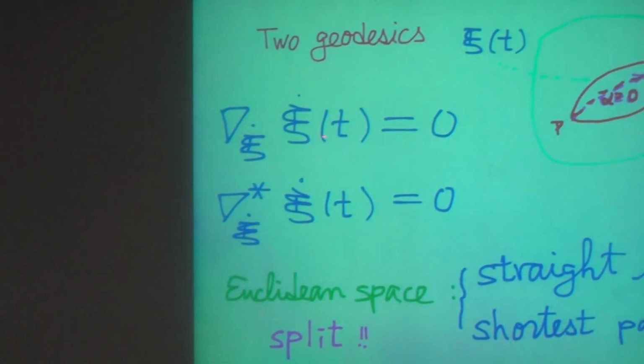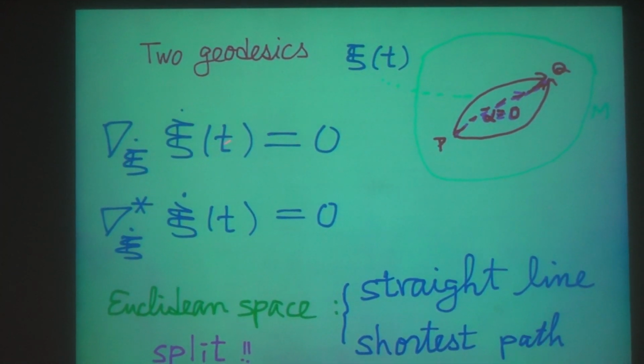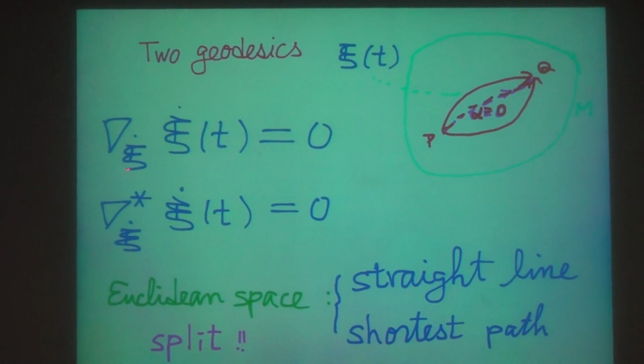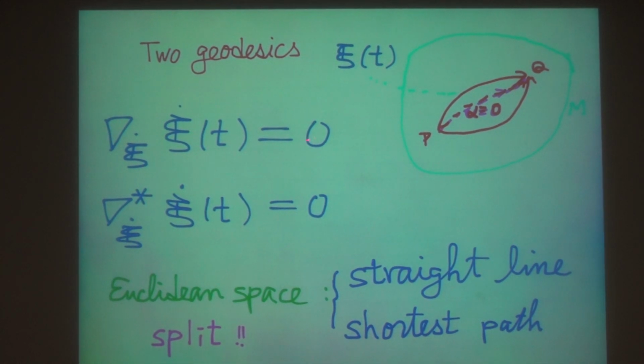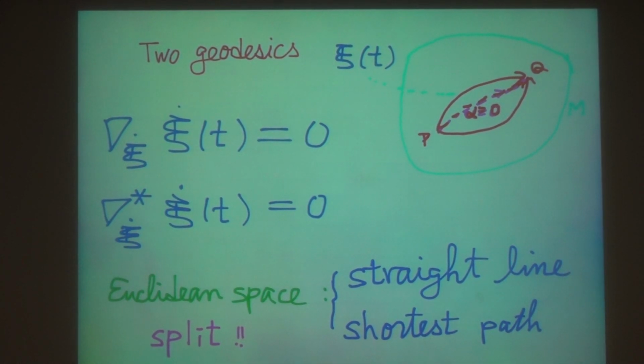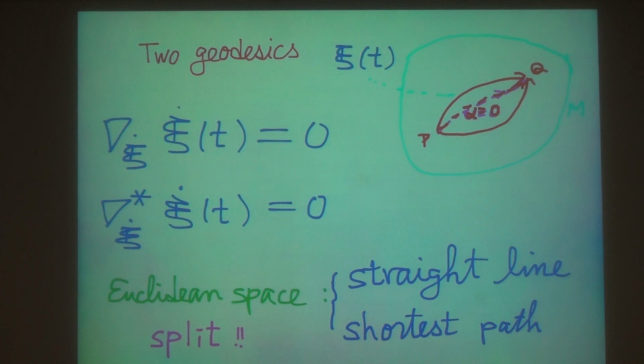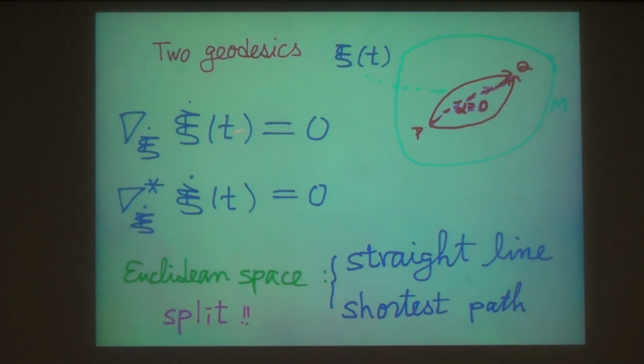The geodesic, from here to here, never changes its direction. This is the tangent vector of some curve, and the derivative along its tangent direction should be zero. This implies the direction never changes going around. This is the definition of the geodesic.